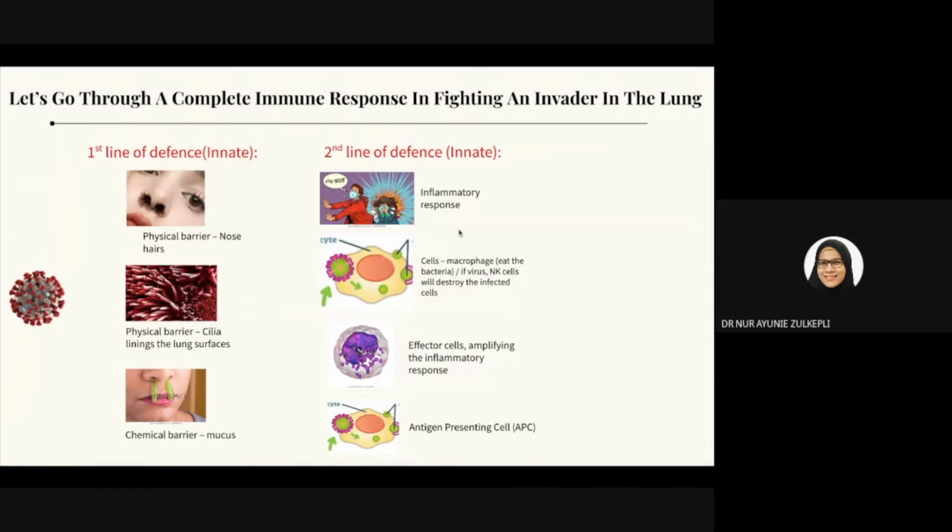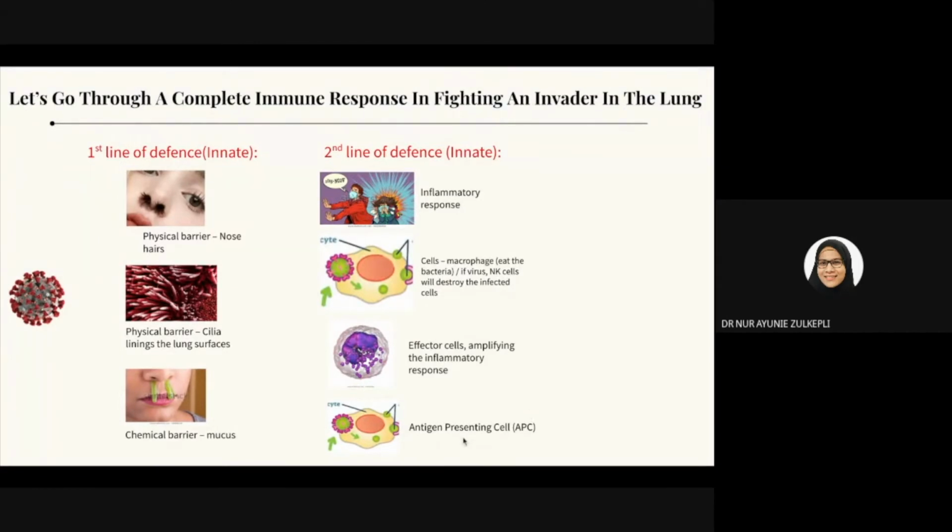It involves the inflammatory response and also the actions of cells like macrophages to eat the bacteria. And if it is a virus, it will involve the function of NK cells, or natural killer cells, that will destroy the infected cells, and also the effector cells to amplify the inflammatory response. And also the recognition by the antigen presenting cells, the APC.